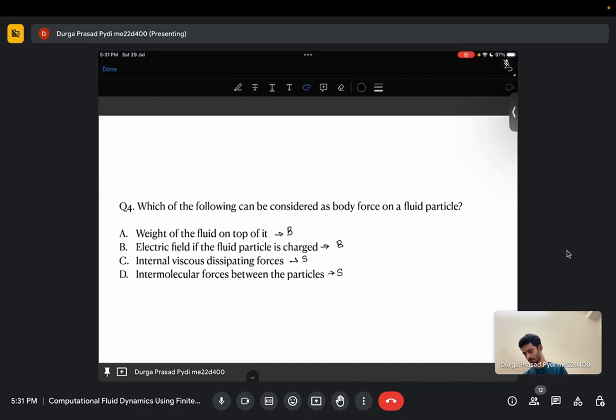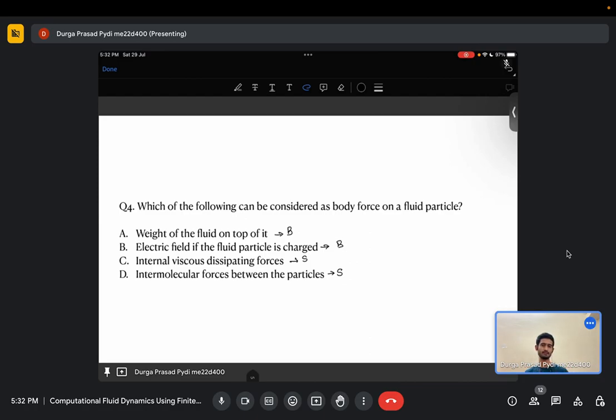Though it is not mentioned here, what do you think the hydrostatic force will be? Because of hydrostatic pressure, there will be some force, right? Will it be a body force or a surface force? Hydrostatic pressure is essentially because of the self weight of the fluid, right? So will it be a body force, a surface force, or do I not have to consider it?